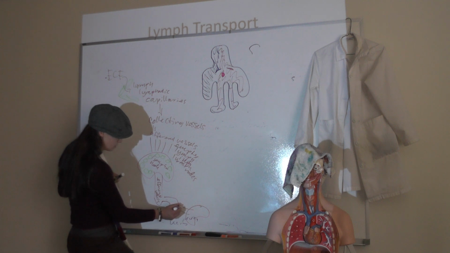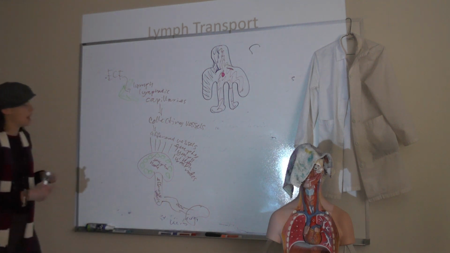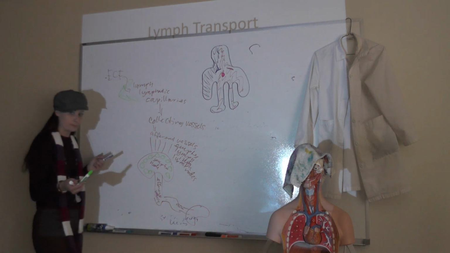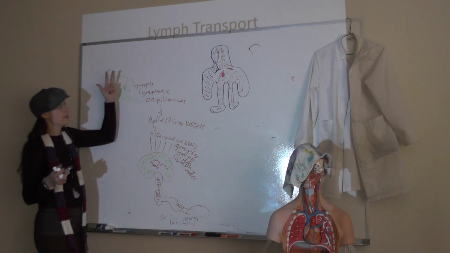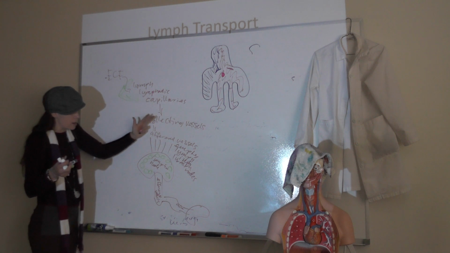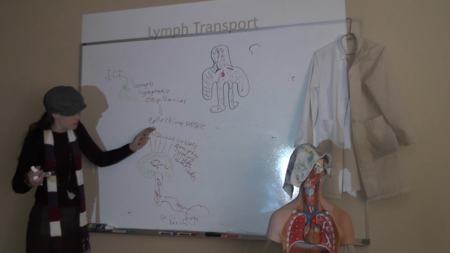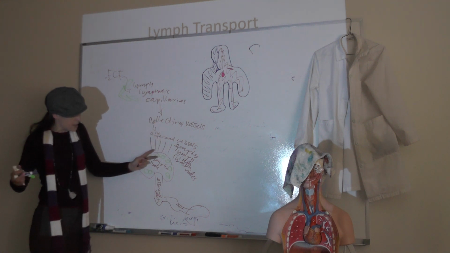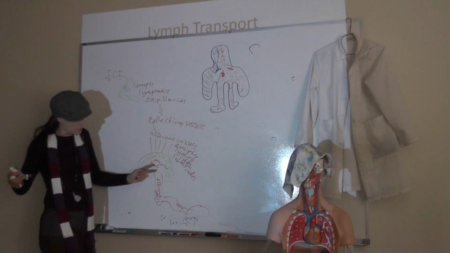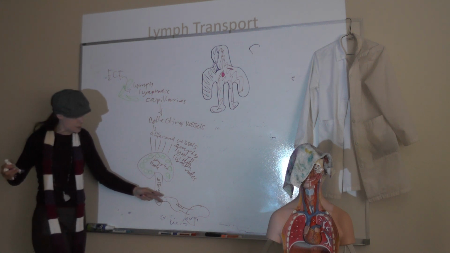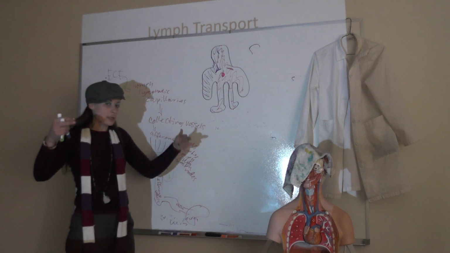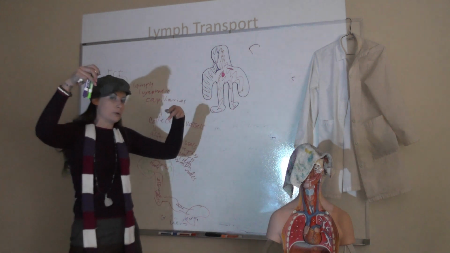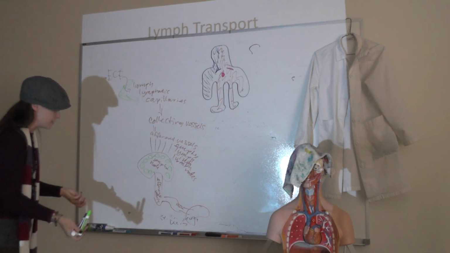So that's possible. So just be aware of that. Those are all of our larger lymphatic collecting vessels. So for the flow of lymph, it's going to be transported through our collecting vessels. Afferent vessels are going to empty the lymph into lymph nodes that will drain into efferent vessels that may or may not become afferent vessels for the next lymph node. All of our lymph nodes are going to drain into our efferent vessels.